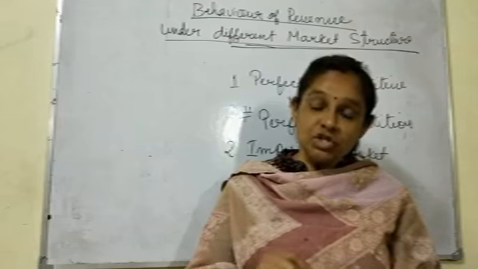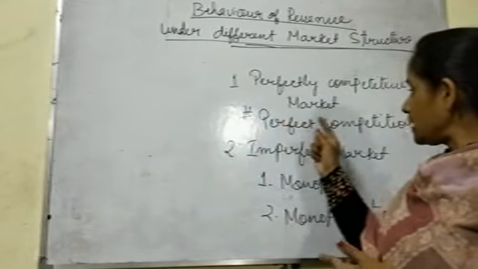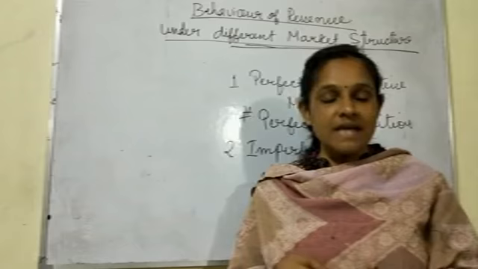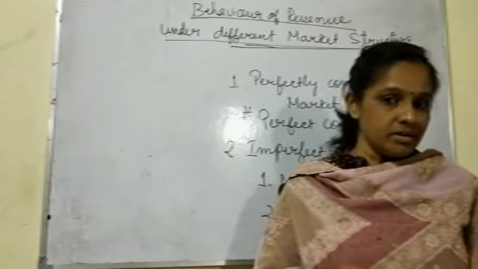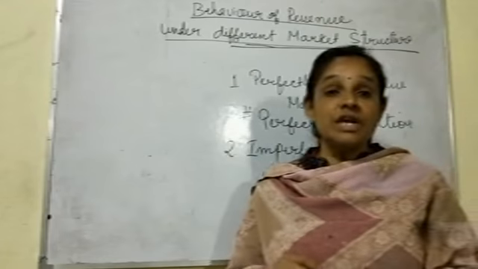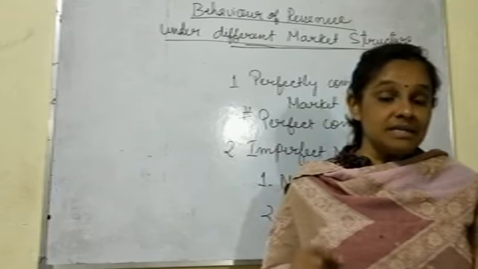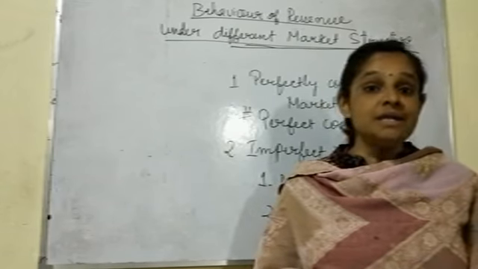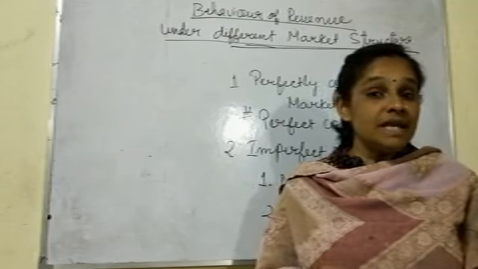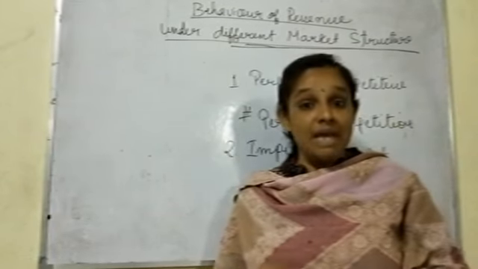So perfect competition is a market in which there are a large number of sellers and a large number of buyers. Each seller sells a commodity which is homogeneous in nature, meaning exactly identical, and they don't determine the price of their commodity, meaning they are price takers, not price makers.